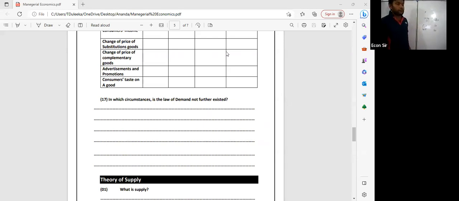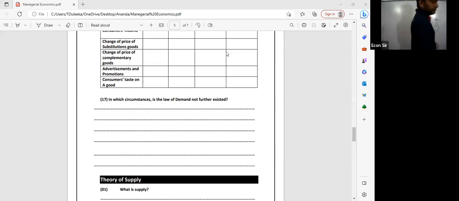The law of demand is no more there. Because why? A positive relationship is generated. A positive relationship can be seen. This is the product we call what? Veblen. Understand? Okay.